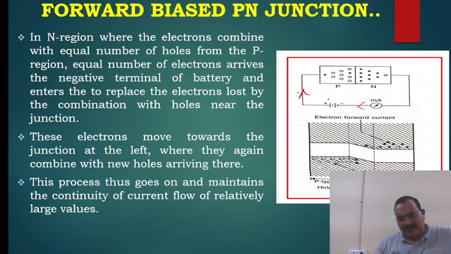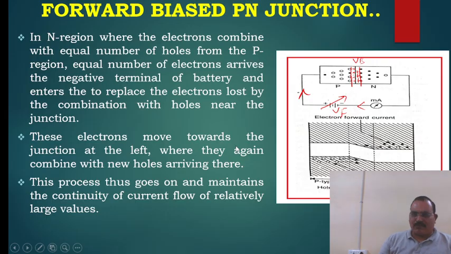And this is the variable voltage, and I am representing that as VF, and there is a variable potential too. This is the P side, then there are immobile charges like this, and the potential is the barrier potential, which depends upon which type of material you are using for making the forward bias PN junction diode.